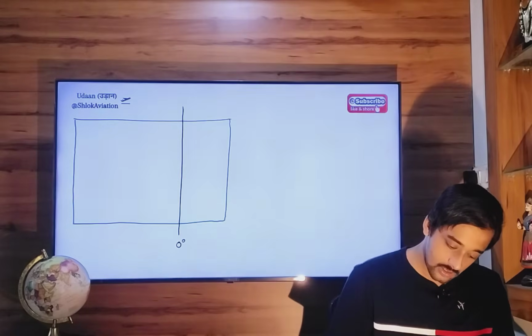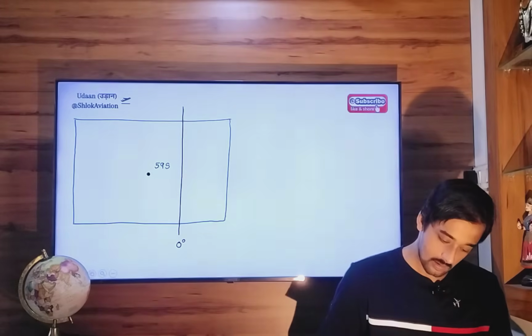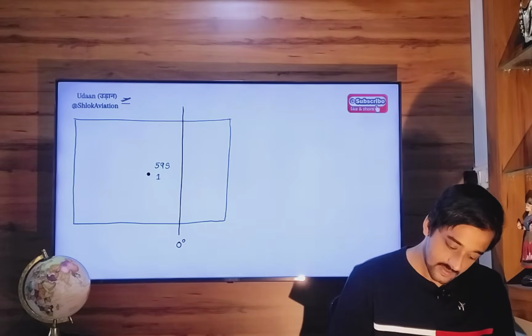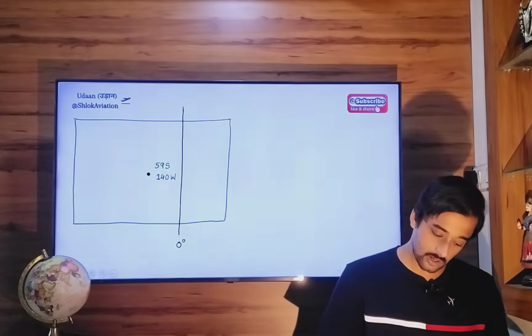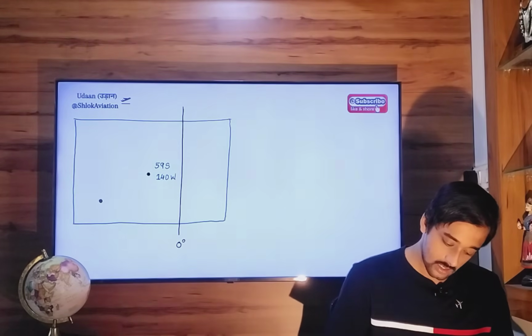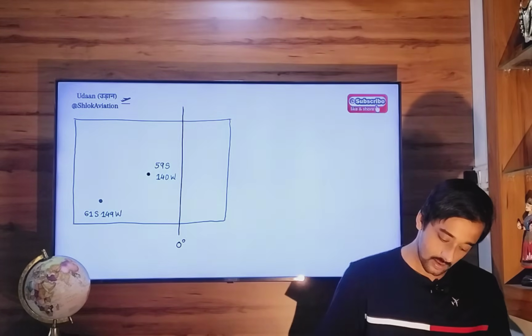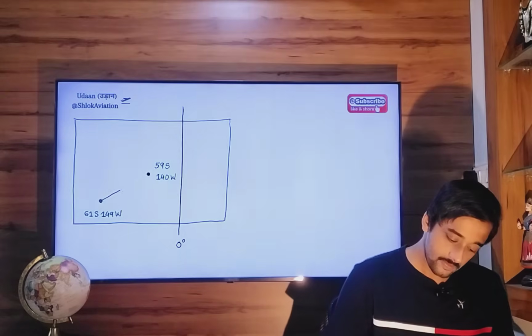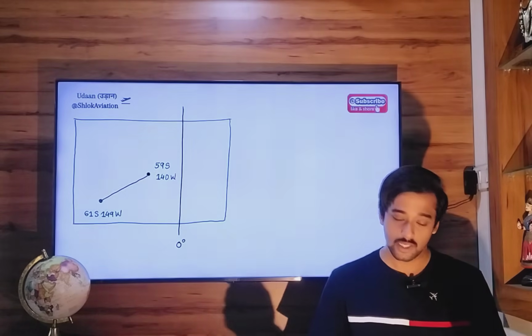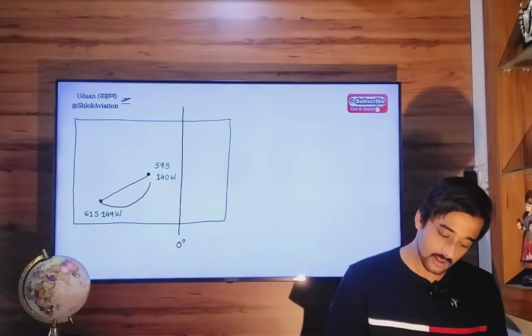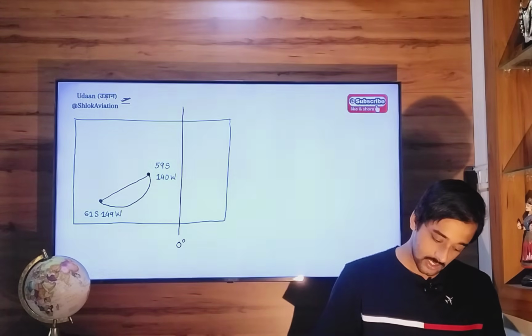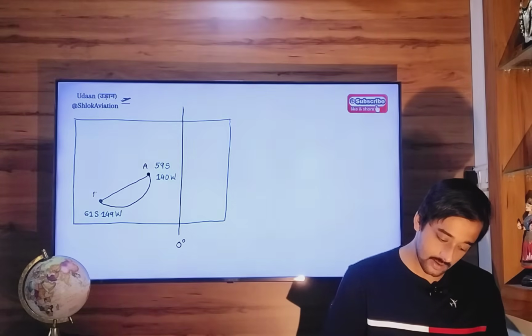So 59 south, 140 west, and 61 south, 149 west. Okay, so you are in the southern hemisphere, so the great circle track will pass through the nearest south pole like this. Okay, so this is your point A, this is your point B.